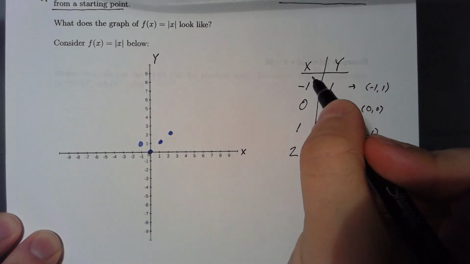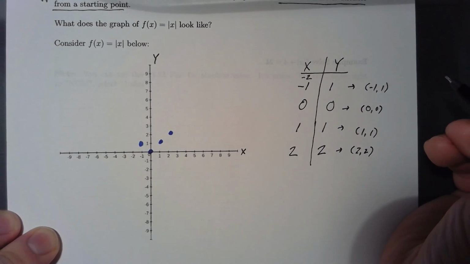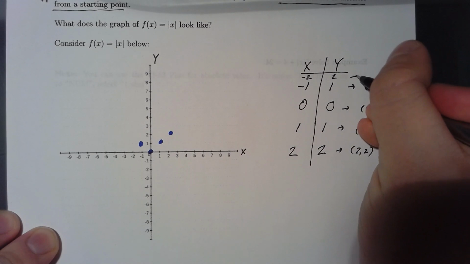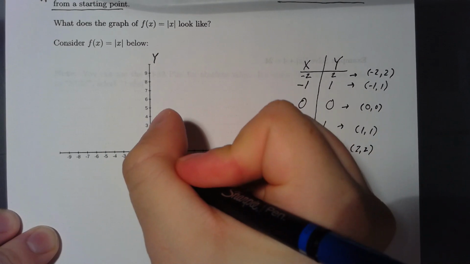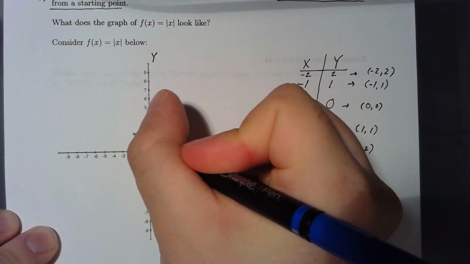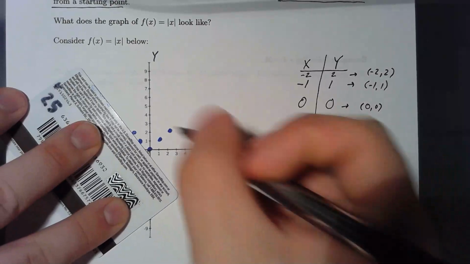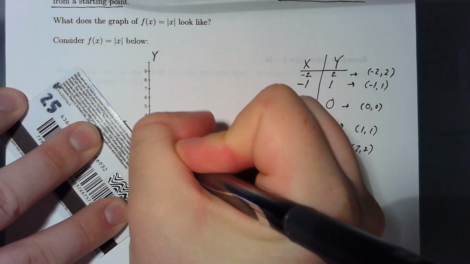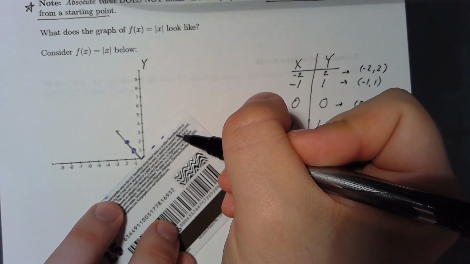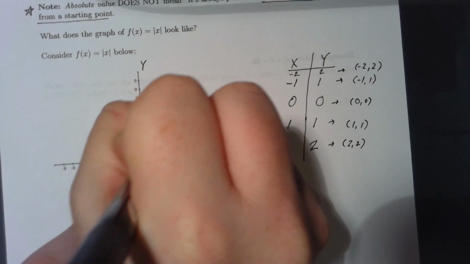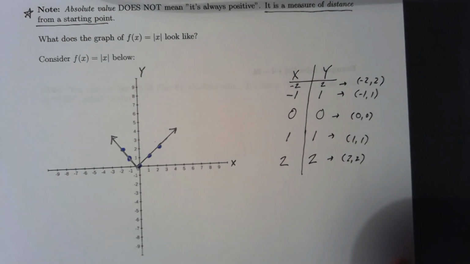And if I wanted to squeeze another point in there, just to be symmetric, the absolute value of -2 is also 2. So, -2, 2. So our graph takes this shape.